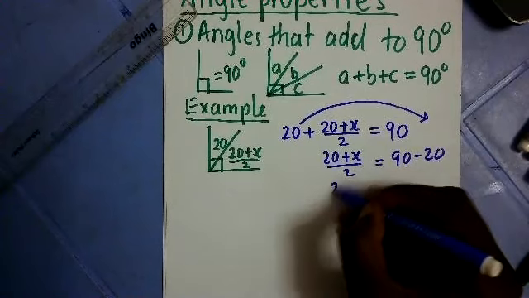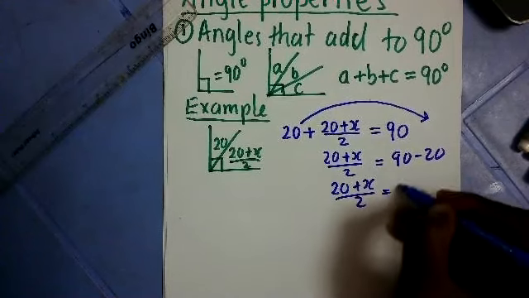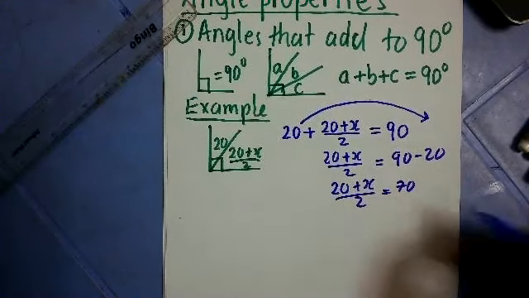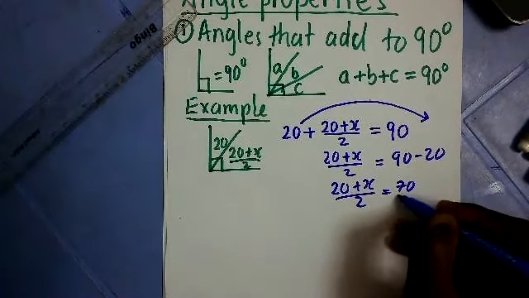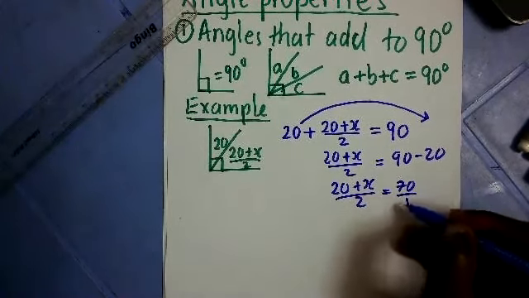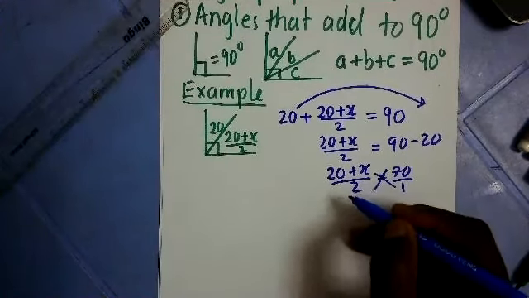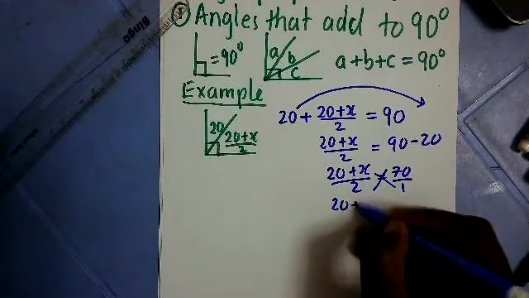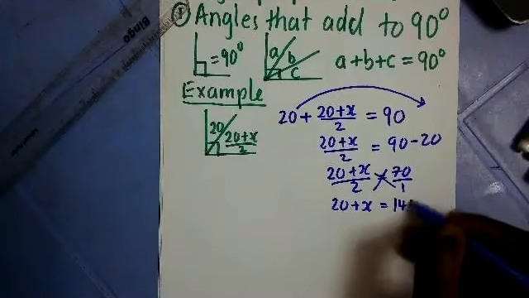Then I go ahead and I simplify the 90, gives me 70. Then I will do cross multiplication because 70 is always over 1. So I do cross multiplication. 1 times 20, I get 20 plus x, and 2 times 70, I'll get 140.